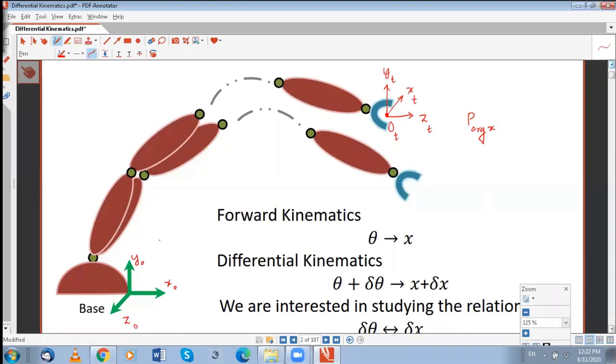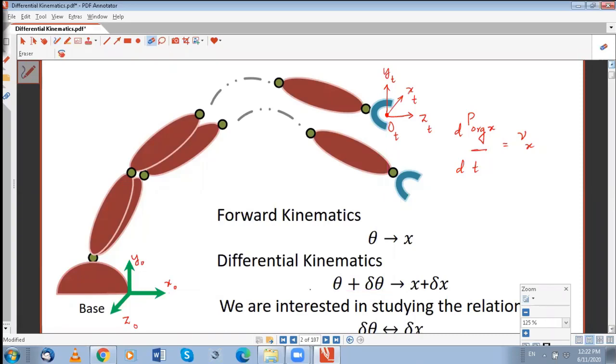So along this axis, you can see that it's here, so that is how it moves along x. The rate of change of that position is the linear velocity along x. If we take its derivative with respect to time, this will give you the x component of the linear velocity of the end effector.